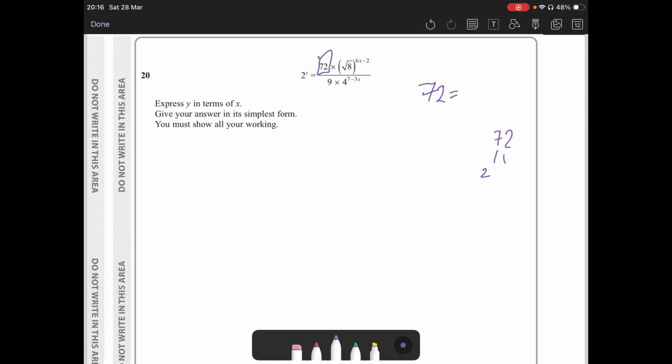Right, it's going to be 2 times 36. 6 and 6. So 2, 3, 2, 3. Okay. So let's just write it as 2 cubed times 3 squared. Because it is. Yeah, no harm doing that.